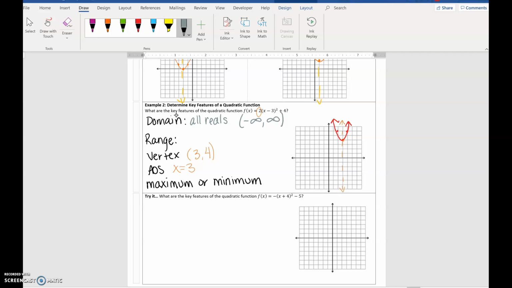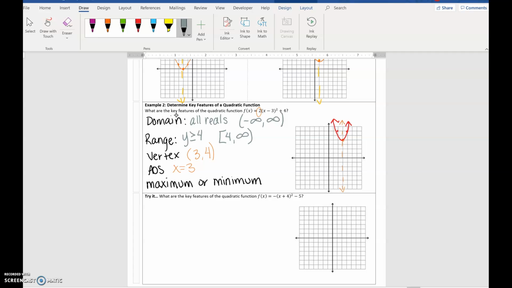The range, we're looking at the y, and it starts here, which is at 4, and it goes up, so y is greater than or equal to 4, or again in interval notation it would be 4 to infinity.